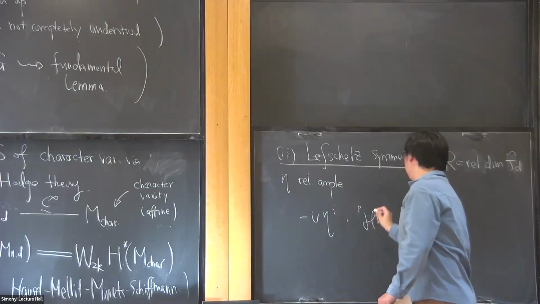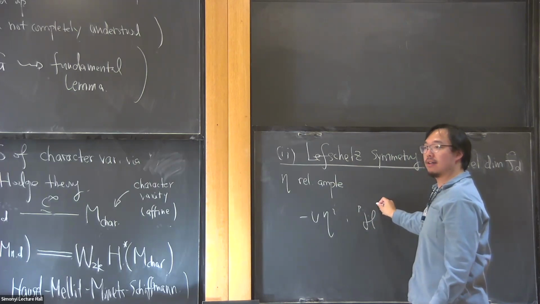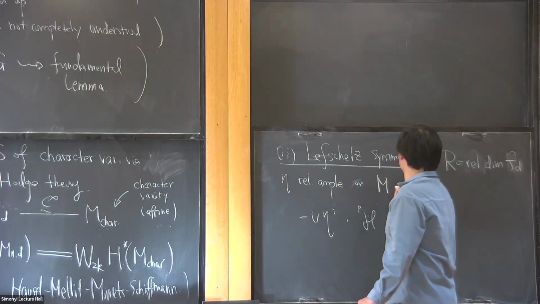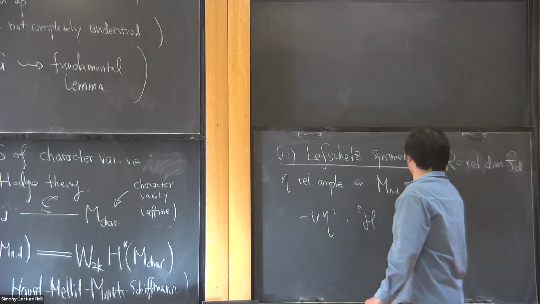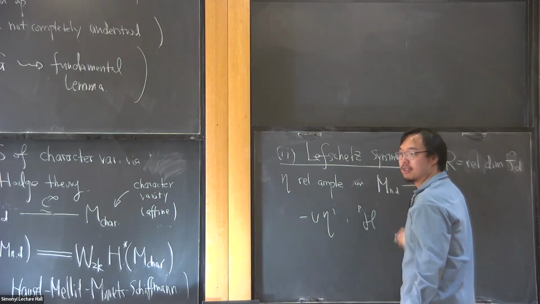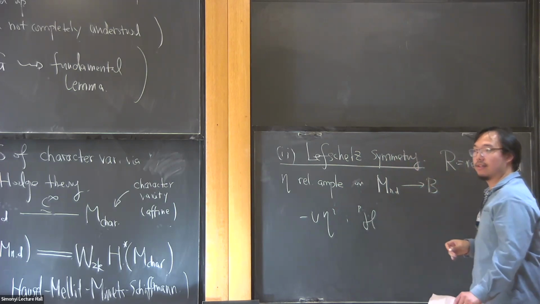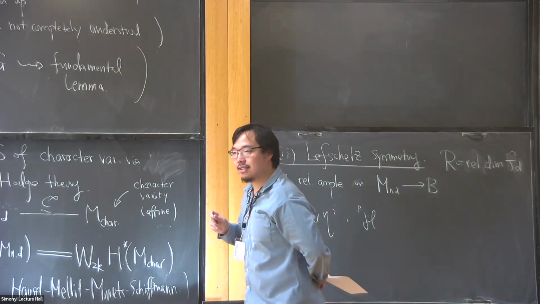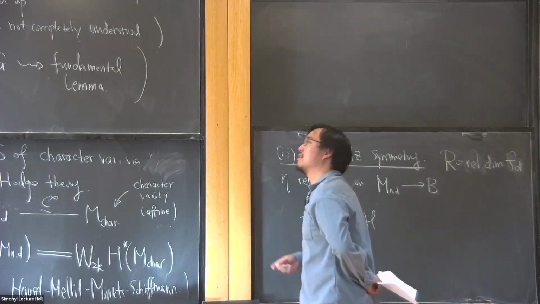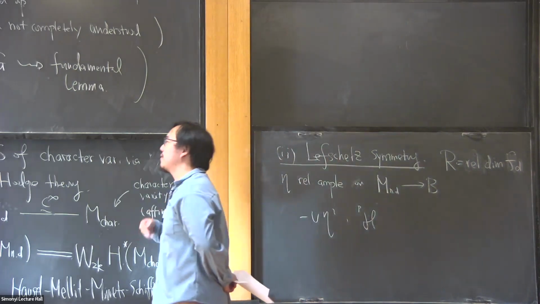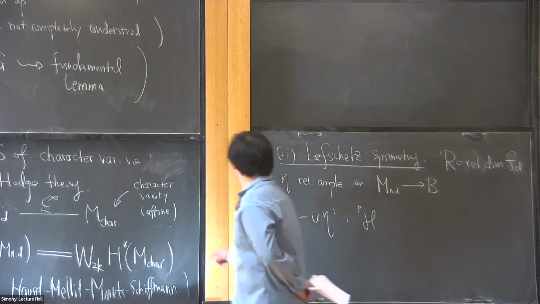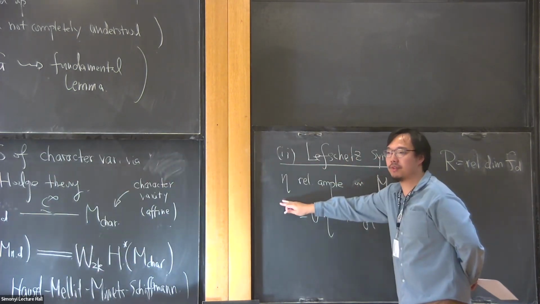Is this a canonical way? Canonical relative? Yes, essentially there's only one class. In the GL_N case, there's a Jacobian of the curve factor, but for PGL_n there's only one class. You can choose this one.